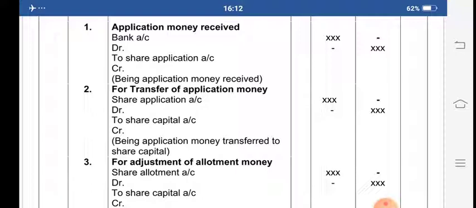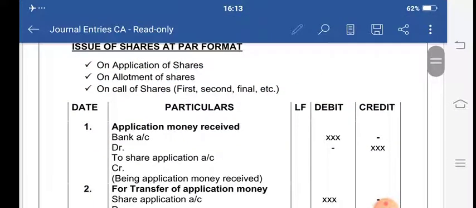The narration is: being application money transferred to share capital. These are the two entries for the first one, on application of shares.